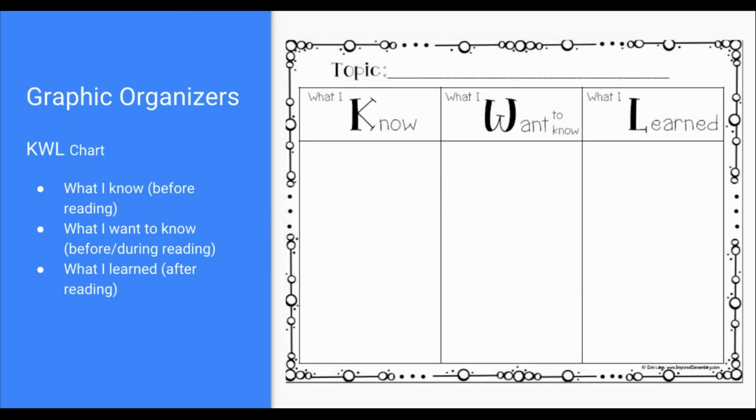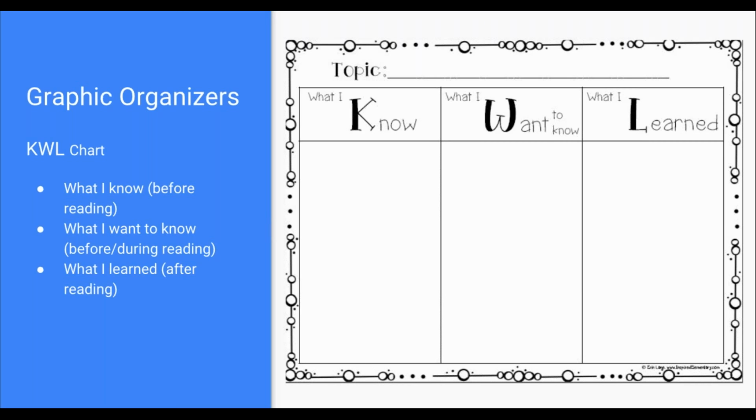Say a student really likes basketball and you want to work on understanding what the student is reading, then we could find a story on basketball, read the story, and before they read it, we would talk about what that student knows. So what do they know about basketball? What do they know about maybe the character in the story from the picture book? And then they can list a few things they would want to know.